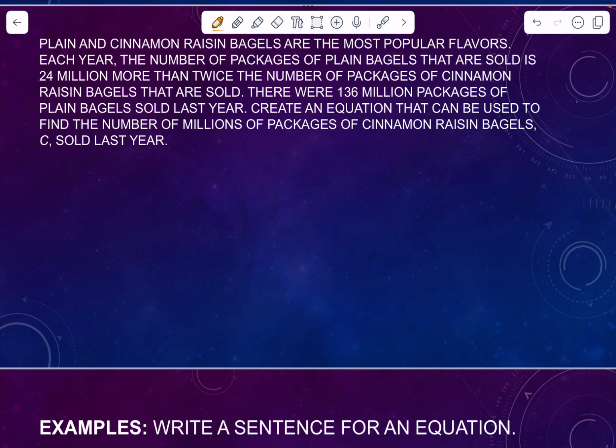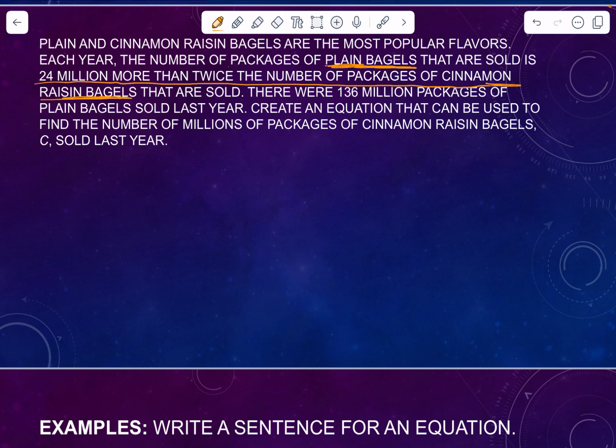So it says plain and cinnamon raisin bagels are the most popular flavors. Each year, the number of packages of plain bagels that are sold is 24 million more than twice the number of the packages of the cinnamon raisin bagels that are sold. Okay, so let's just put this in words for a second.